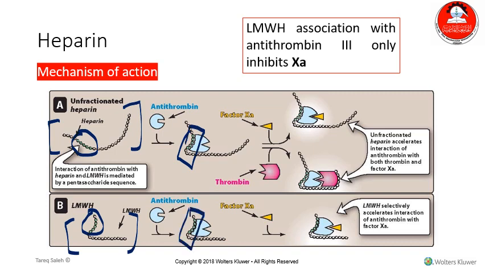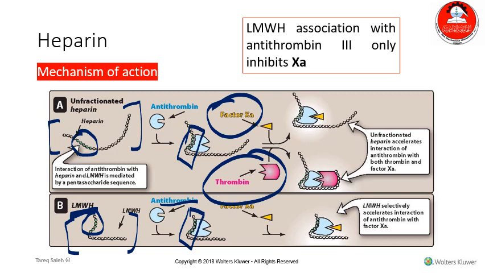But note here that unfractionated heparin is capable of binding antithrombin, which results in the inactivation of both factor 10 and thrombin. Both of these are inactivated by the enhanced function of antithrombin. Binding of low molecular weight heparins to antithrombin can only inactivate factor 10.